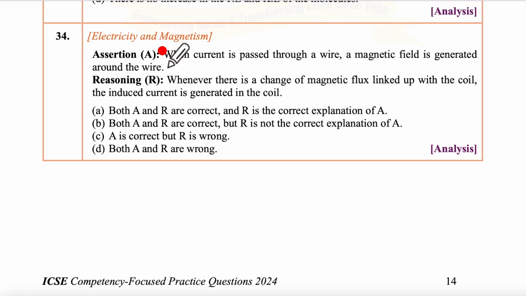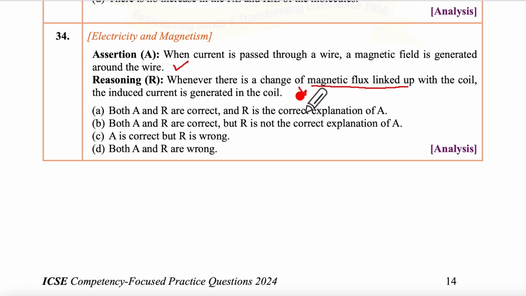Question 34. Electricity and magnetism. Assertion A: when the current is passed through a wire, a magnetic field is generated around the wire. Yes, this is correct. And that direction is given by the right-hand thumb rule. What is the reasoning? Whenever there is change in magnetic flux linked with the coil? No, this one is your induced EMF.